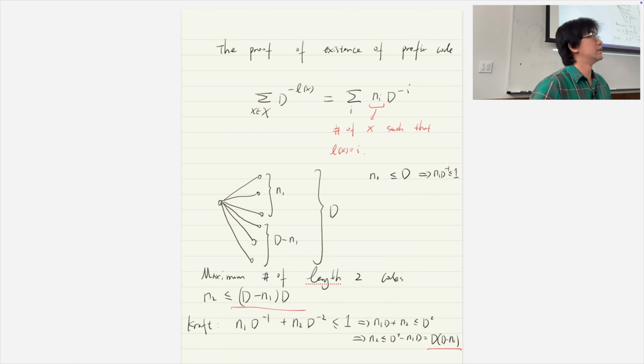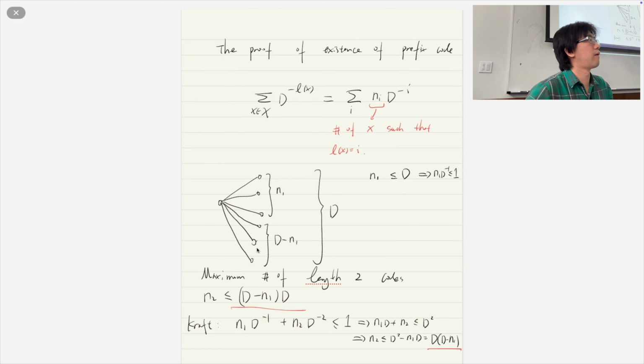Are we just saying that n1 is arbitrarily less than D, and D minus n1 is just the leftover codes we have from before? I think so. Yes, n1 has to be less than or equal to D, because it's a D-ary code, so the total number of possibilities for n1 is just D. If we pick this number of length 1 codes, then this is the total number left.